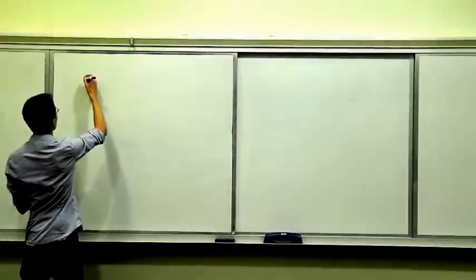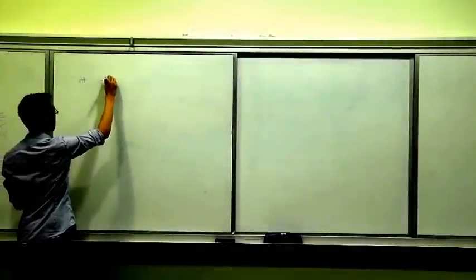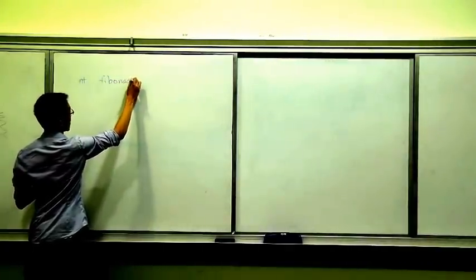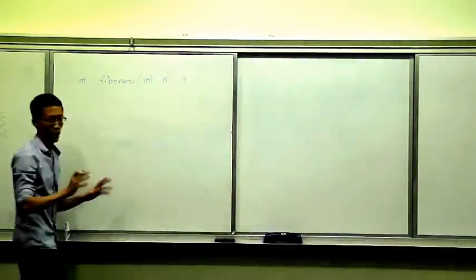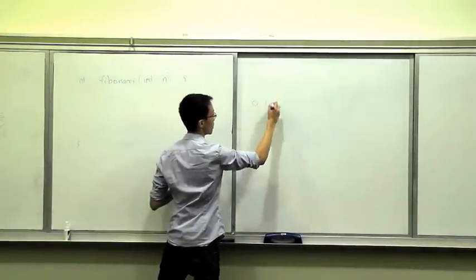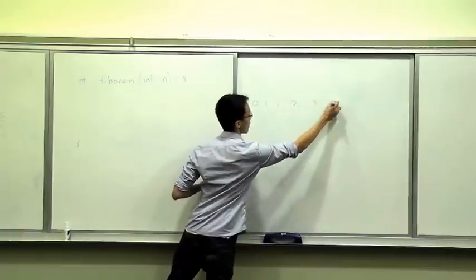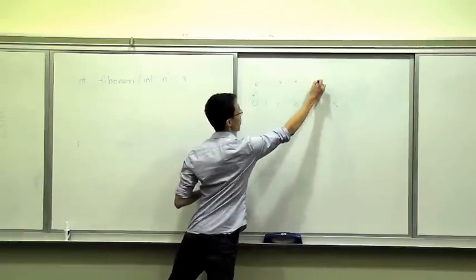So the Fibonacci problem is basically, we have this Fibonacci function which takes in some integer n, and it returns us the nth Fibonacci number in the sequence. So maybe the sequence is 0, 1, 1, 2, 3, 5, and so n is 0, 1, 2, 3, 4, 5.